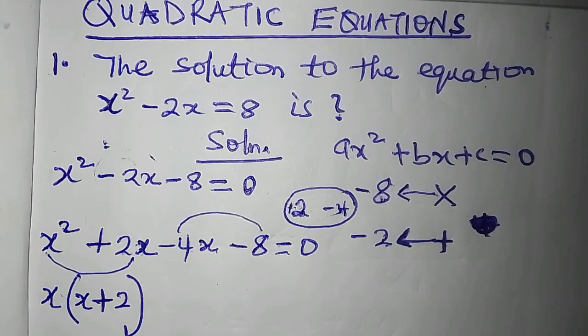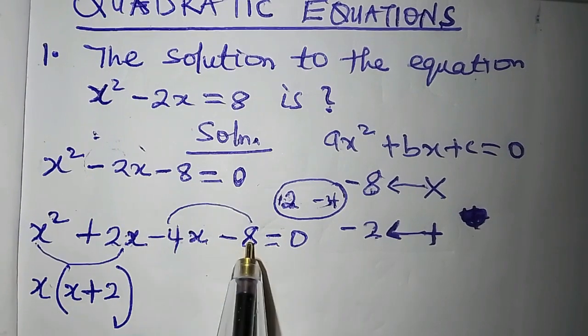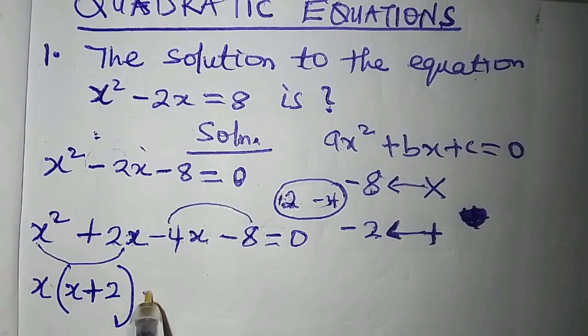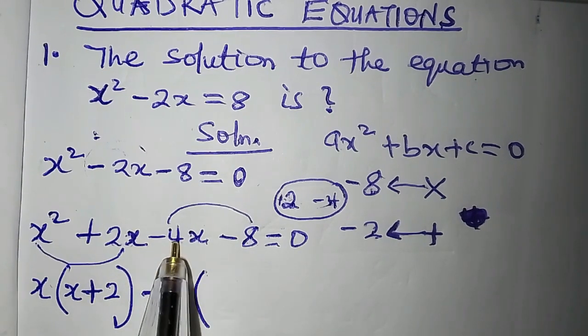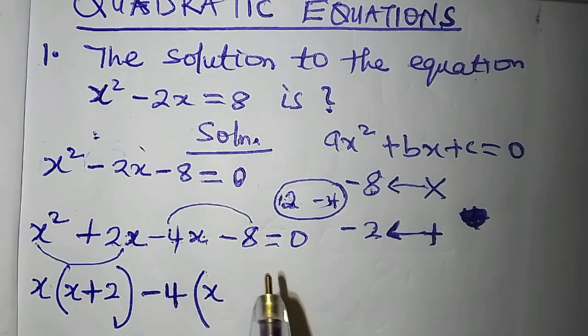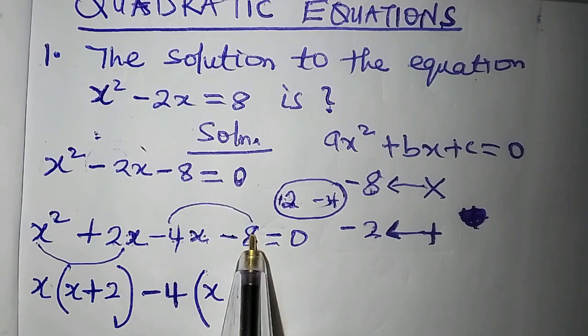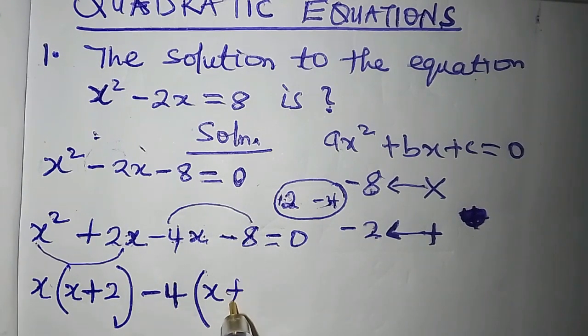That one is done. The next, what is common to minus 4x and minus 8? It is minus 4. Open a bracket. Minus 4x divided by minus 4 is x. And minus 8 divided by minus 4 is plus 2.